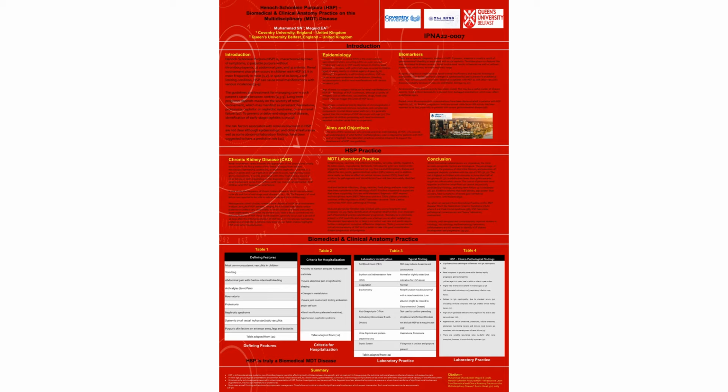The aims included: one, to provide a practical understanding of HSP, Henoch-Schönlein Purpura; two, to provide an understanding of what further multidisciplinary care is required for patients with Henoch-Schönlein Purpura; and three, to highlight how laboratory practices could be enhanced to support the development of HSP care guidelines.